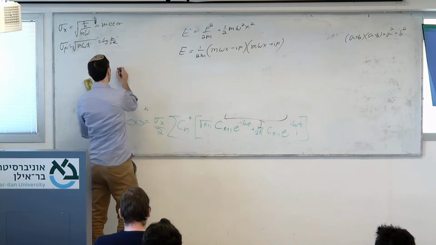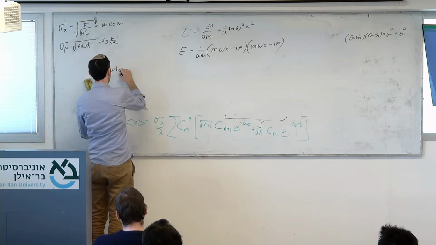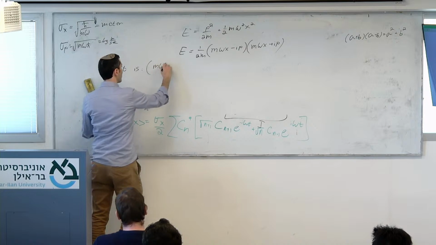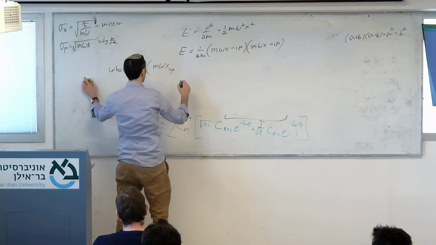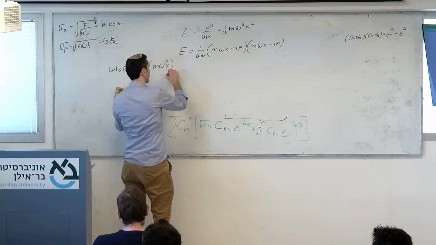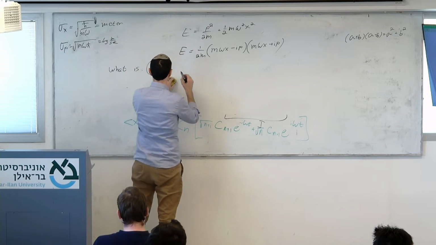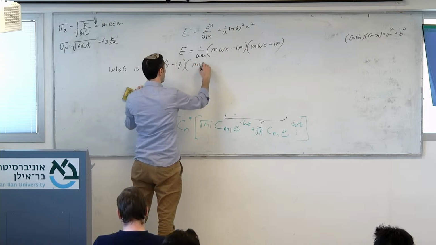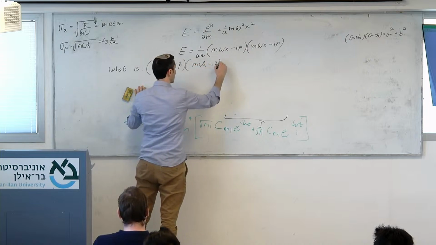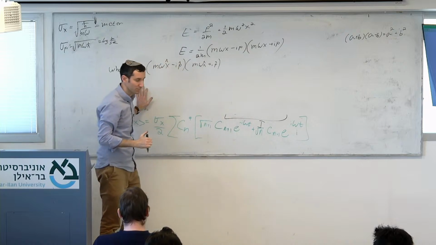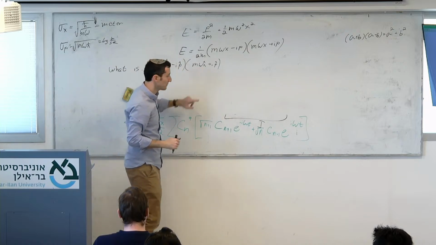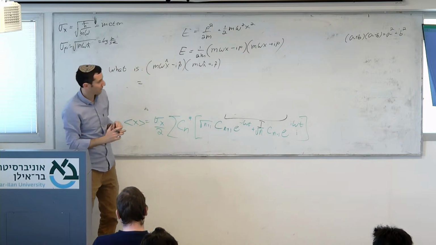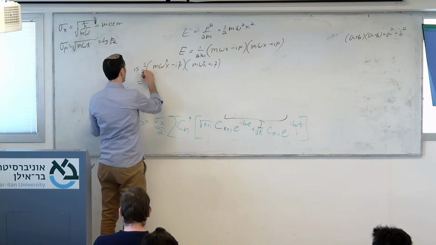Let's see what (m omega x operator minus ip)(m omega x plus ip) is. Well, I would have this times this, divide everything by 2m.